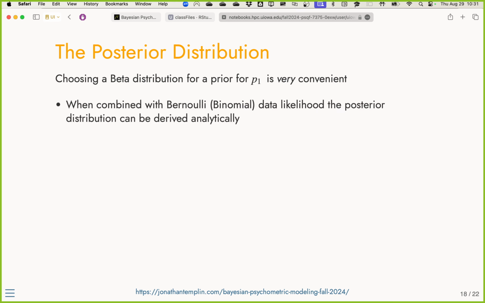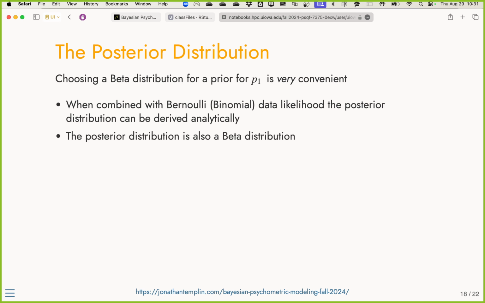When combined with Bernoulli or binomial data, like when the model data likelihood is a Bernoulli or binomial distribution, it turns out the beta as a prior with Bernoulli or binomial as data combine to give us a posterior distribution that we can derive analytically. We can mathematically provide a derivation for it. And it turns out that posterior distribution is also a beta distribution.